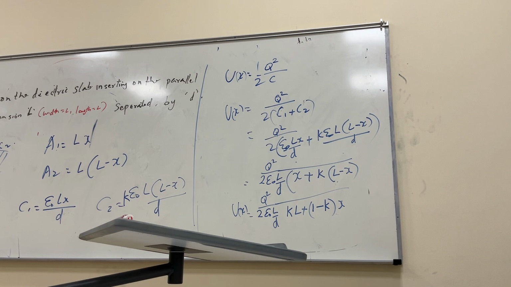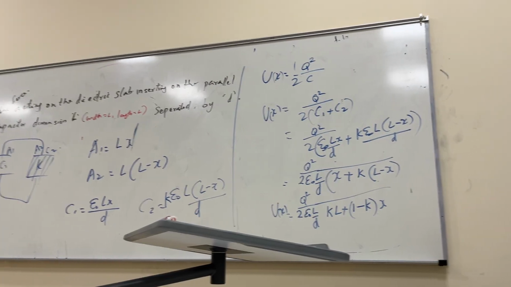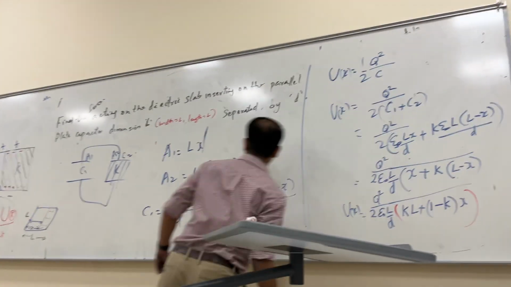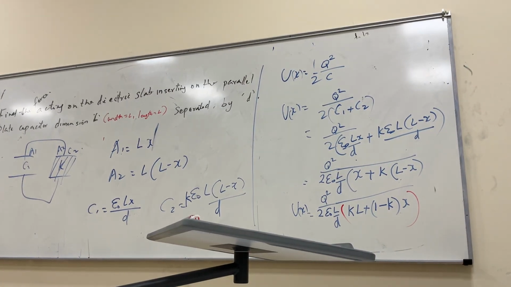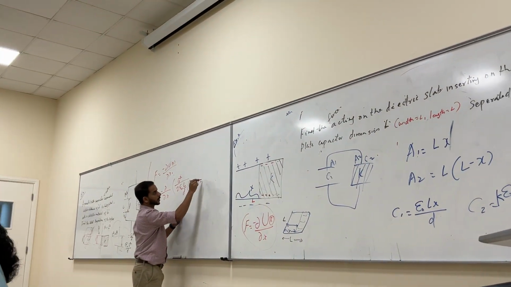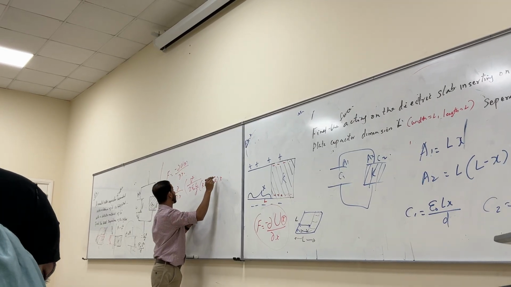So minus of dou over dou x of Q squared over 2 epsilon 0 L over D, times the bracket: KL plus (1 minus K) into x, to the power minus 1.